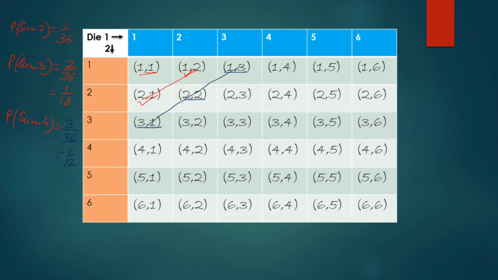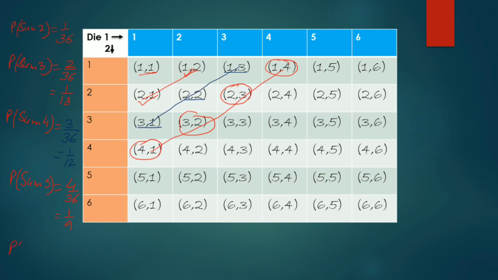Now the next blank to fill was sum 5. 1 plus 4 is 5, 2 plus 3 is 5, 3 plus 2 is 5 and 4 plus 1 is 5. So these are 4 outcomes. So we have 4 by 36. On simplifying we get 1 by 9.